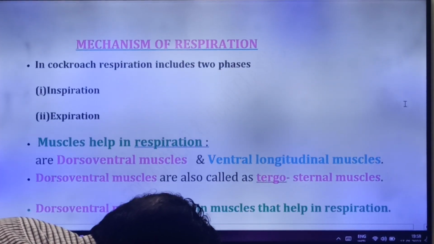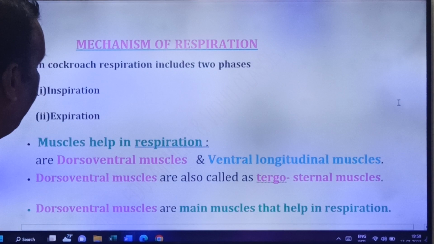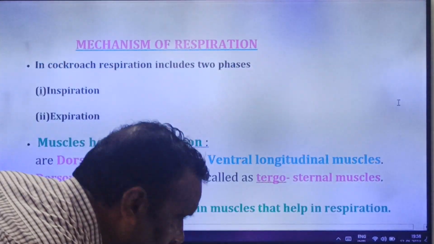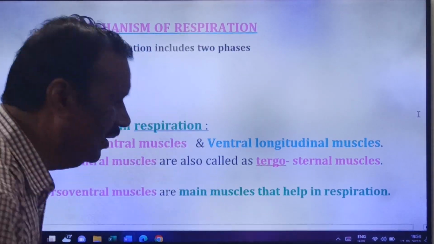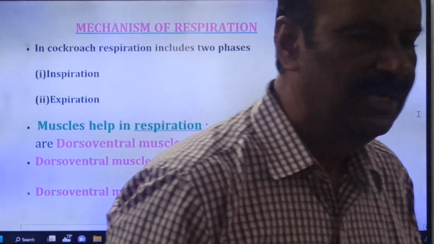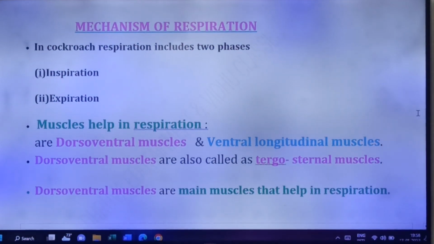Now, mechanism of respiration, friends. In cockroach, respiration includes two phases. You know it, friends. One is inspiration and the other one is expiration. First, you should know which muscles help in respiration. This is important for NEET, friends.